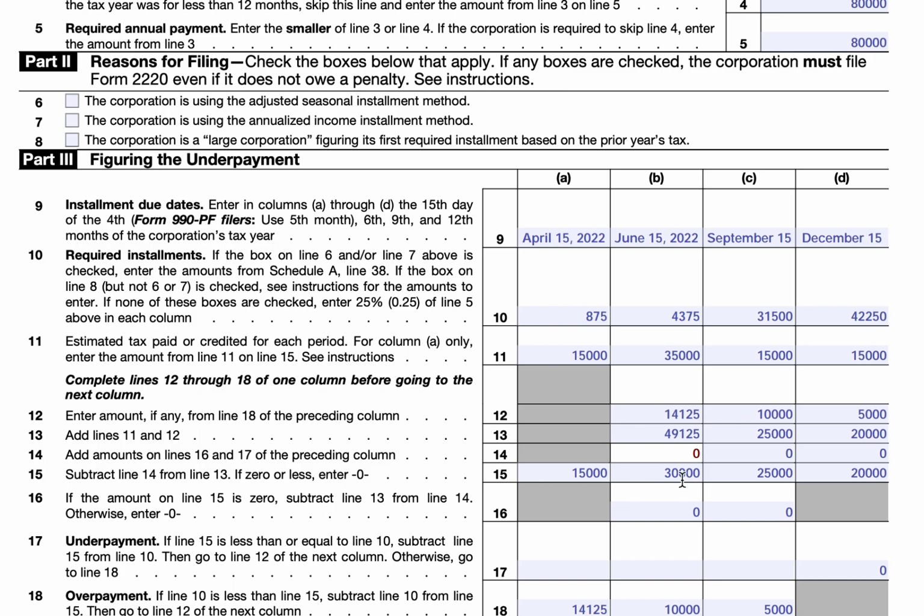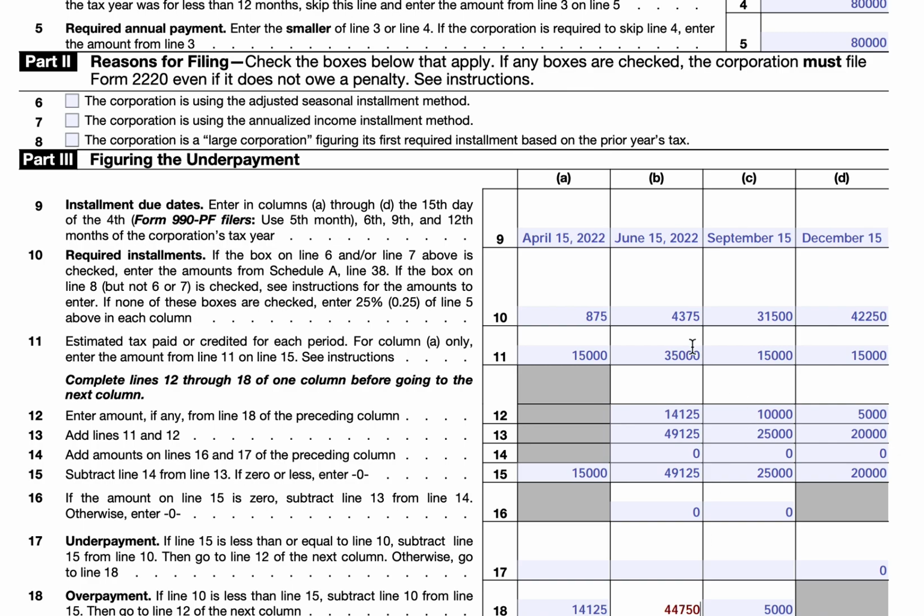So we're going to subtract line 14 from line 13. And then if the amount on line 15 is 0, then we would subtract that. It's not. So now we have an overpayment again. We're going to subtract the line 10 amount from the line 15 amount, and we get an overpayment of $44,000.